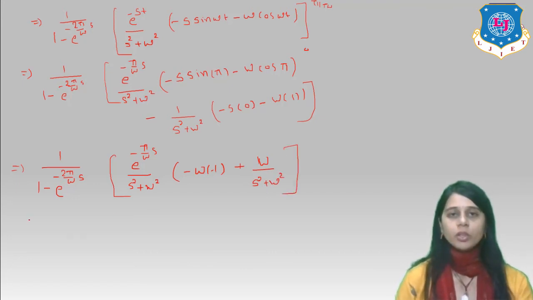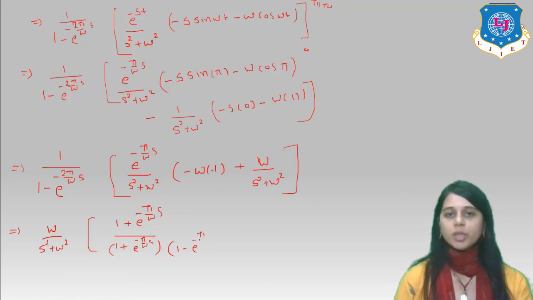Okay. So omega upon s square plus omega square is common. We take 1 plus e raised to minus pi by omega s, and for the denominator we use the s square minus a square form: 1 plus e raised to minus pi by omega s and 1 minus e raised to minus pi by omega s, because this is 2 pi by omega s.